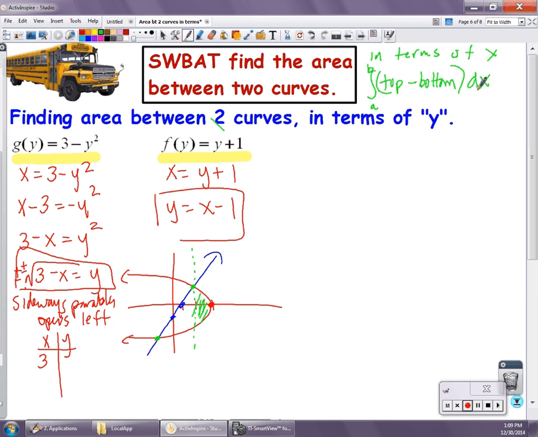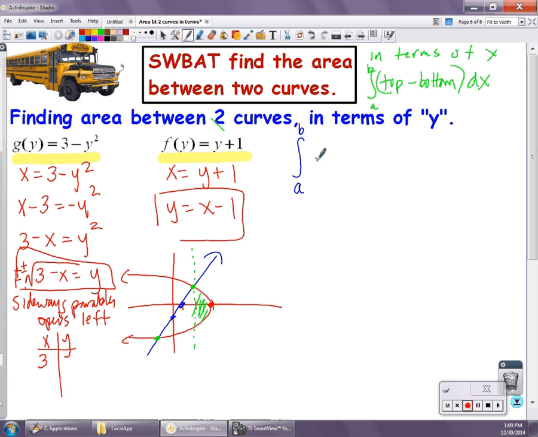Well, we're going to follow the same pattern. It's really not that different, except instead of our lower bound being on the left, our lower bound is going to be the lower y value point of intersection to the upper y value point of intersection.